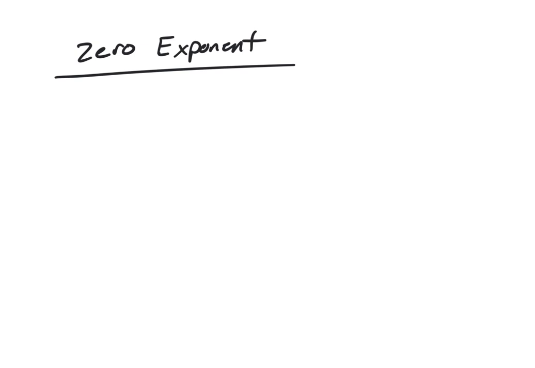If I have any variable, let's say p raised to the 0, what do you think it's going to equal? It's just 1. Try plugging in a number, like 8. Try plugging that into your calculator. 8 raised to the 0. Should just be 1, yeah.